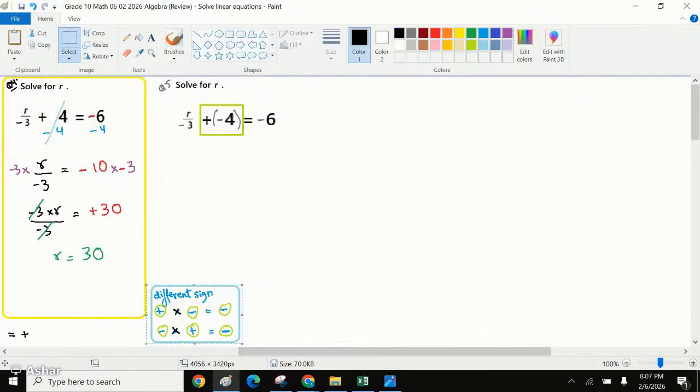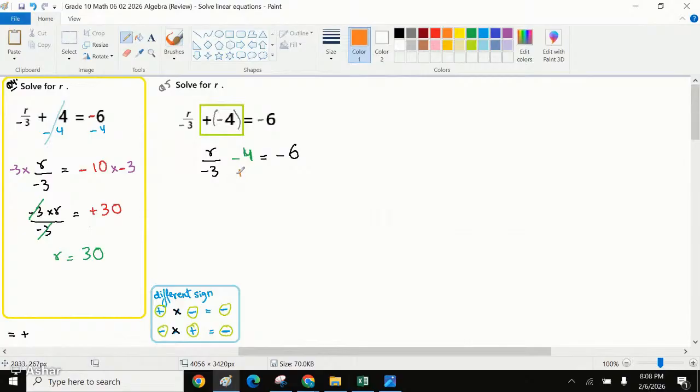So can we say this is R upon negative 3, this becomes negative 4, which should be equal to negative 6. Can we move negative 4 to the other side?